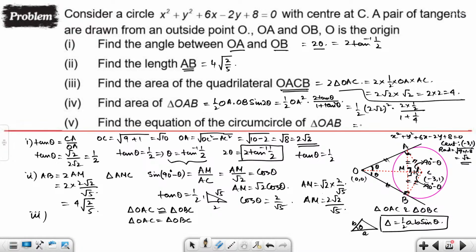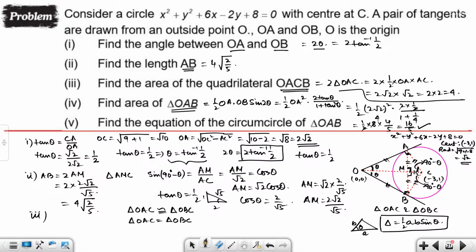So we have half into 8 into, this will get cancelled, 1 over 5 over 4 means 4 over 5. So this is coming to 16 over 5. So the area of triangle OAB is 16 by 5 square units.